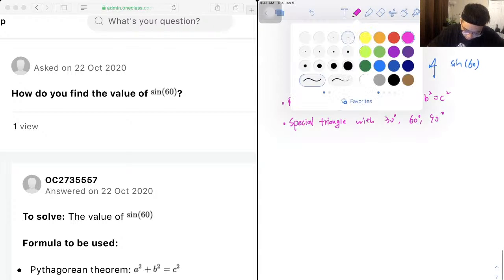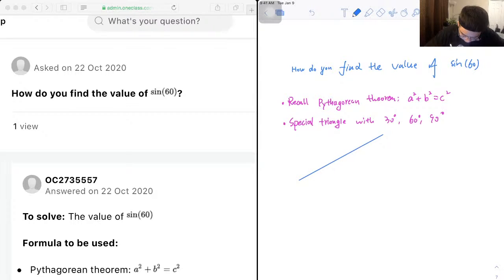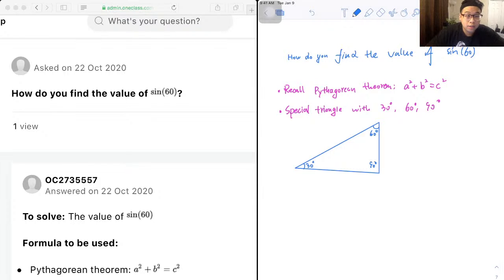So let's draw the graph. So here's 90, 60, and 30 degrees. Right. And the special kind of triangle has sides of the same basic ratio and properties below. So that's 2a, and that's root 3a, and that is a.